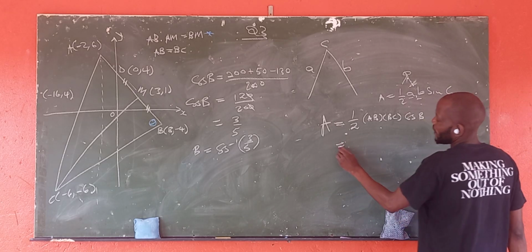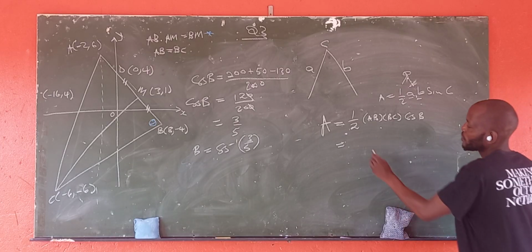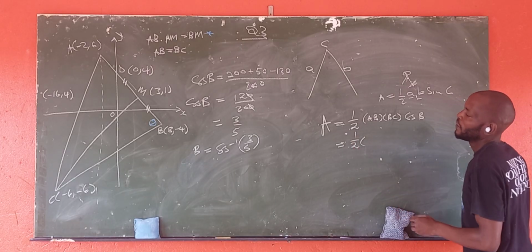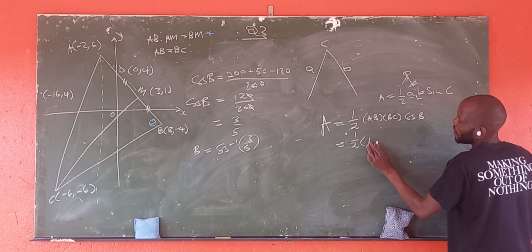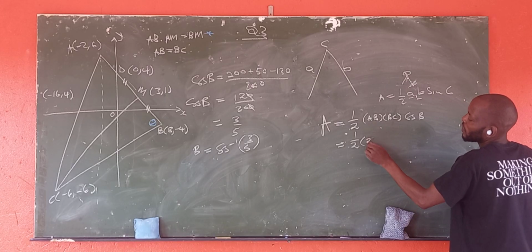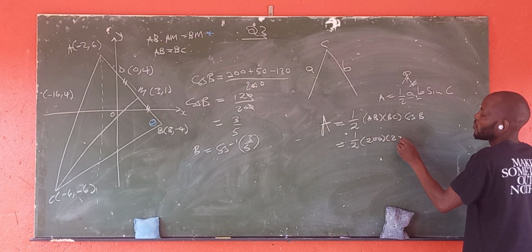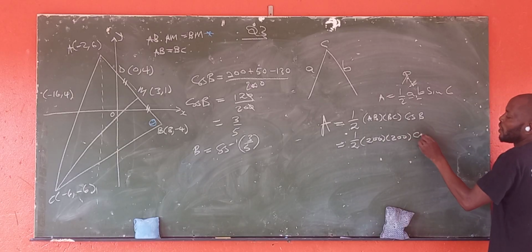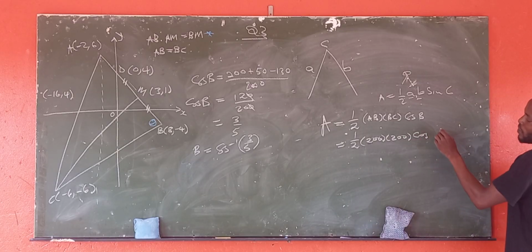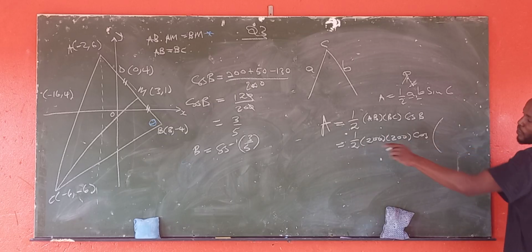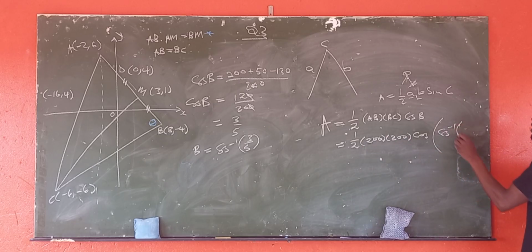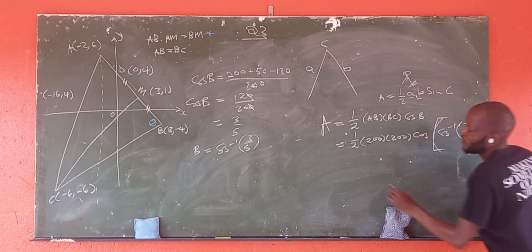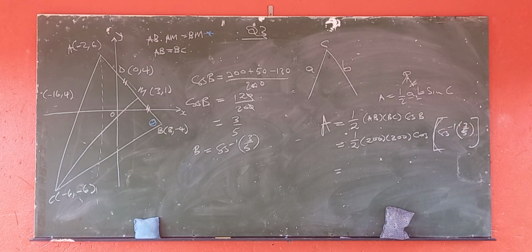So this would be half, AB is 10 the square root of 2, BC is 10 the square root of 2, and then B is the cos inverse of 3 over 5. You know what B is.